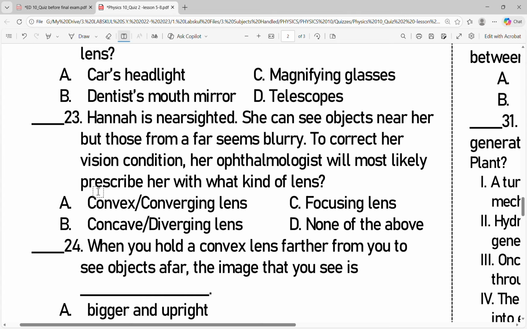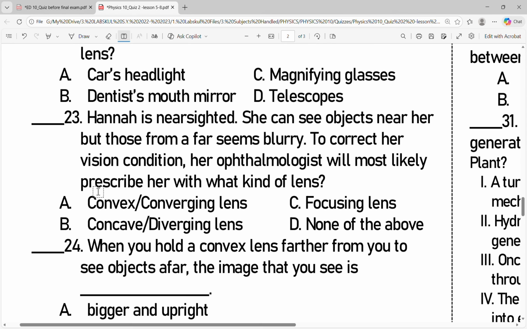She can see objects near her, but those far from afar seem to be blurry. To correct her vision condition, her ophthalmologist will most likely prescribe her what kind of lens. So, si Hannah nearsighted. In short, makakita siya sa lapit, but sa layo, hindi. So, ang problema there is when the object is far, she cannot see it clearly.